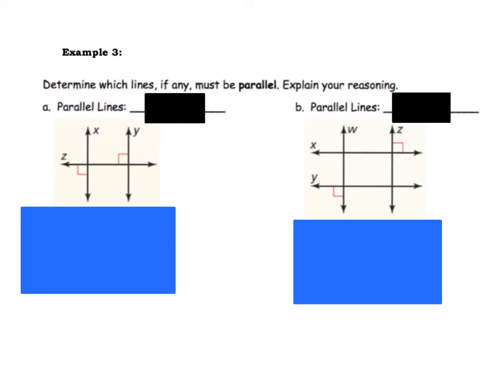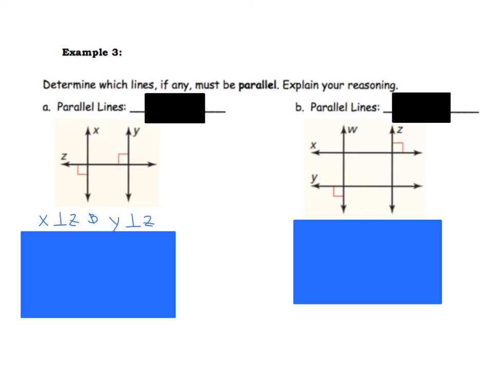Okay, next example. Determine which lines, if any, must be parallel and explain your reasoning. So, you're probably having to look back at our proofs that we have for parallel lines to help you with this problem. One thing that I do want to note is I see that line Z looks to be perpendicular to line X, and line Z is also perpendicular to line Y. So I can easily state that.